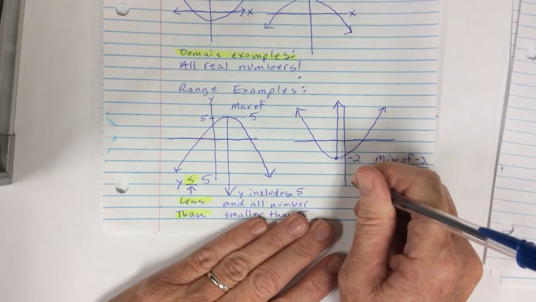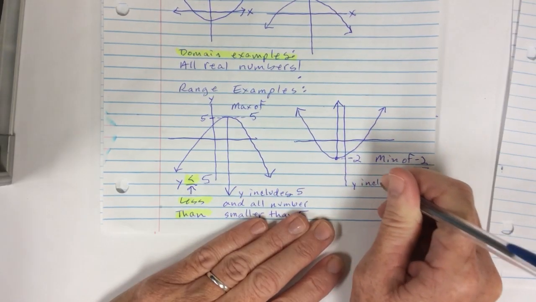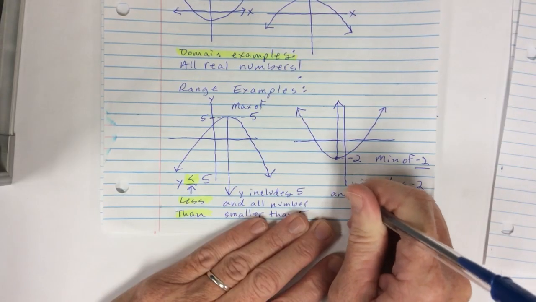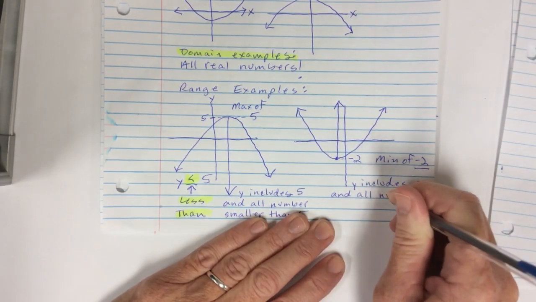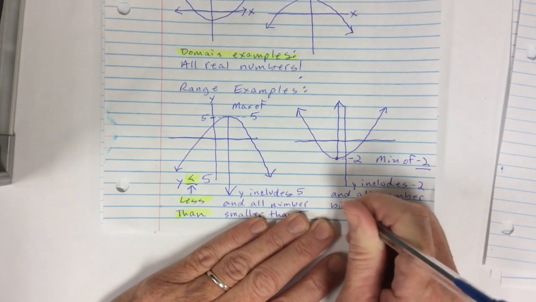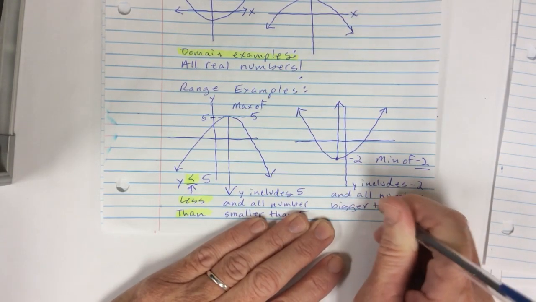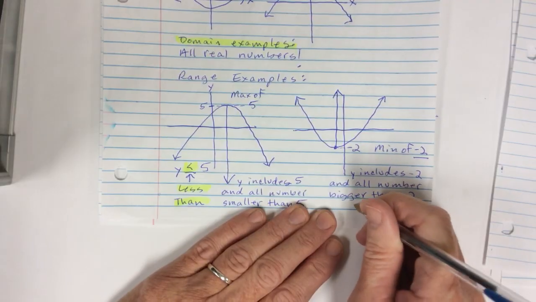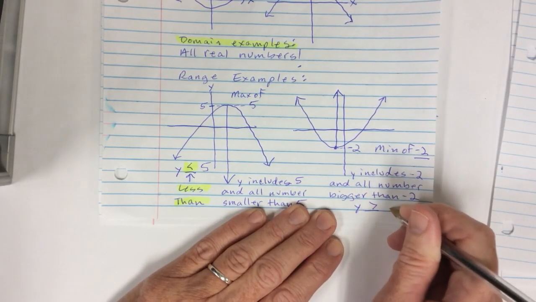So y includes -2 and all numbers bigger than -2. They would write it like this: y is greater than or equal to -2.